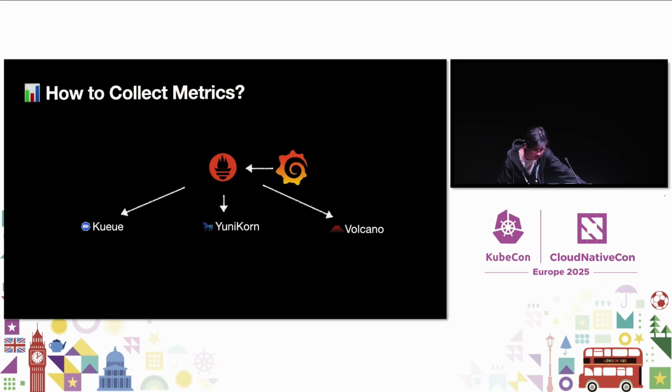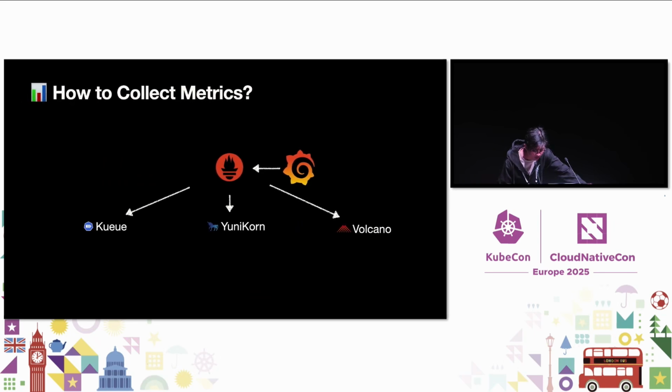The next thing is that we have made some innovation in the way we collect metrics and do performance comparison. The traditional way is to use Prometheus metrics, but if you use Prometheus metrics in scale testing, for example scheduling 10,000 pods, there is a very high chance of a big margin of error.